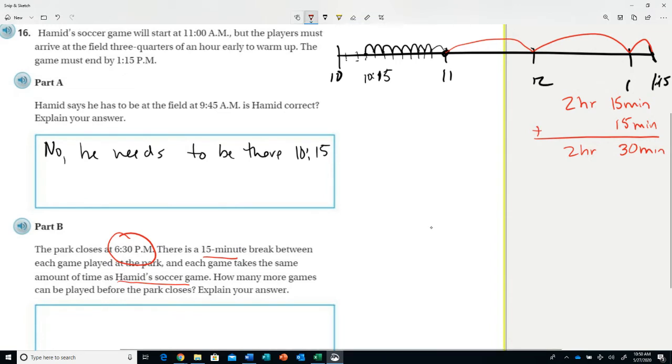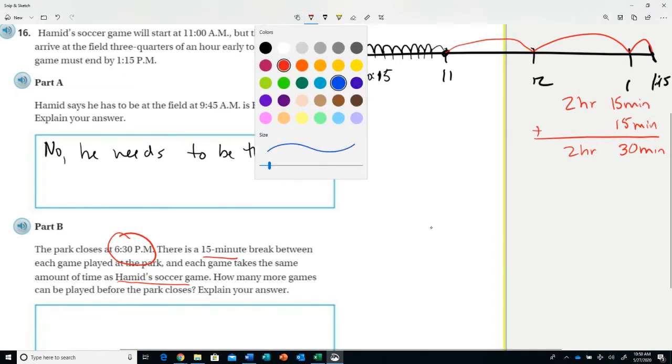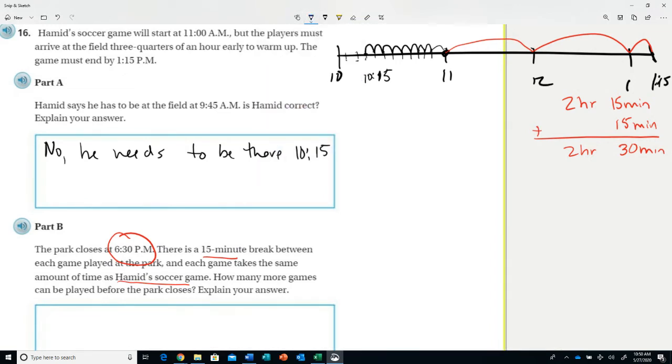So let's get into a color that's a little bit more conducive for writing. All right. So I'm going to do a different number line here, and I'm going to be changing colors consistently. So I'm going to list this as 11.